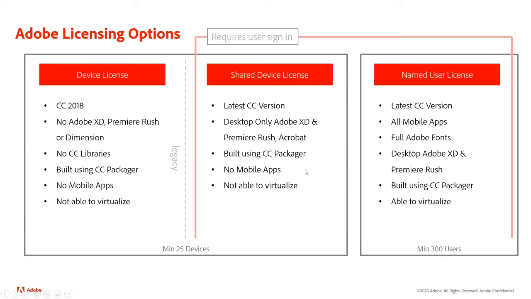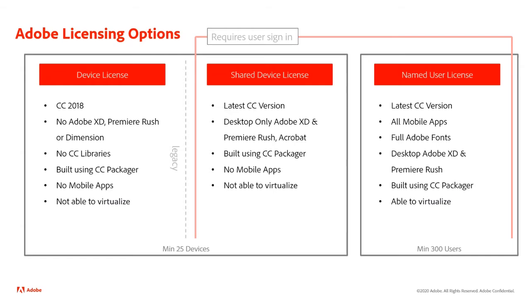And then many customers have moved across to the shared device license. This is, again, for the classroom. It does have the latest version of Creative Cloud, but only the desktop versions of Adobe Acrobat, XD, and Premiere Rush. It's built using the website packager, but there is no access to mobile apps on this. The key thing here is that the shared device license is licensed per device in the classroom.